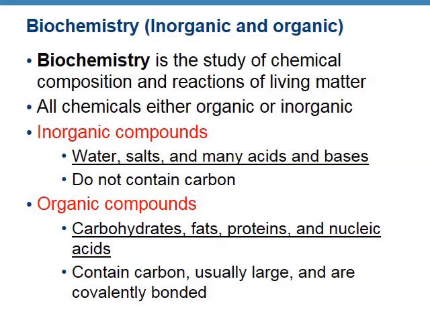And the basic definition is organic compounds contain carbon. Sometimes they'll also have hydrogen. Inorganic compounds do not contain carbon. So when we talk about inorganic, we're going to talk about waters and salts and acids and bases. When we talk about organic compounds, we're going to talk about carbohydrates, fats, proteins, and nucleic acids. Those all contain carbon.